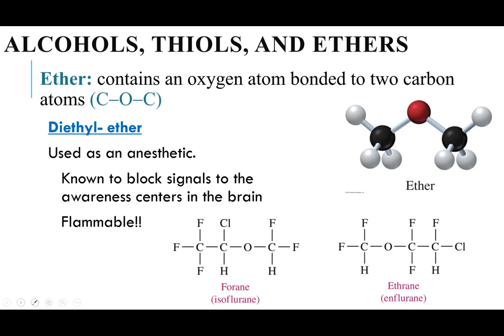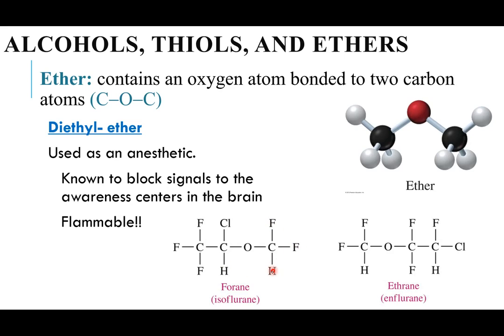So what we've done is we have replaced some of the hydrogen groups with halogens, that's column 7 or 17. We replaced the hydrogens with halogens, and that made them less flammable, a little bit more stable. So here's our ether right here: carbon, oxygen, carbon. And in regular old diethyl ether, all of these would be hydrogen.